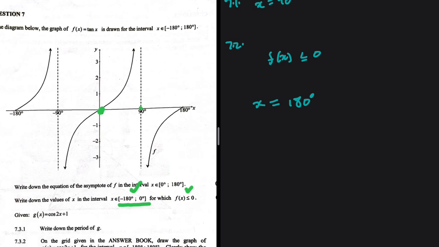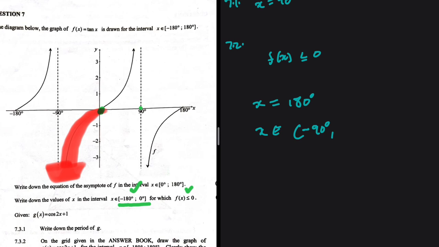But when we go from minus 90 to 0, you can see that it is less than 0. So that should be part of our solution. X is also an element of, do we include minus 90? We don't. Why don't we include minus 90? Because it is not defined. But do we include 0? Let's see. Tan of 0 is equal to 0.